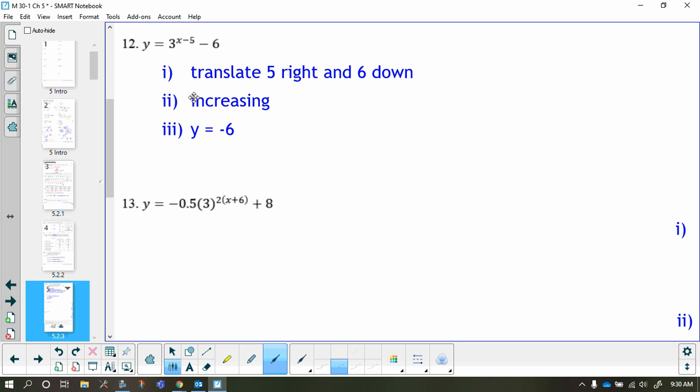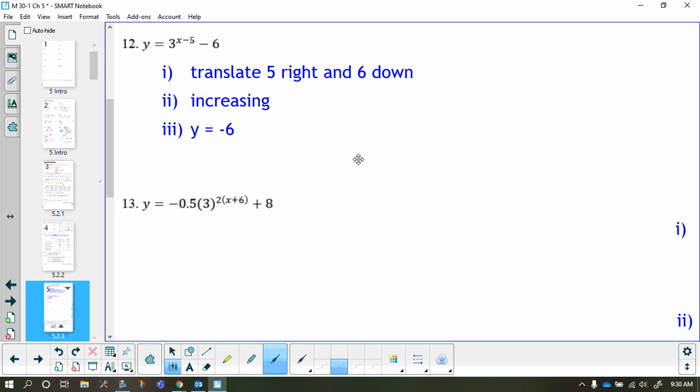But now we have a horizontal asymptote of y equals -6 because my whole graph moved down 6 units. You could enter it into your calculator to have a look just to compare and confirm that that is the correct description for these 3 parts.